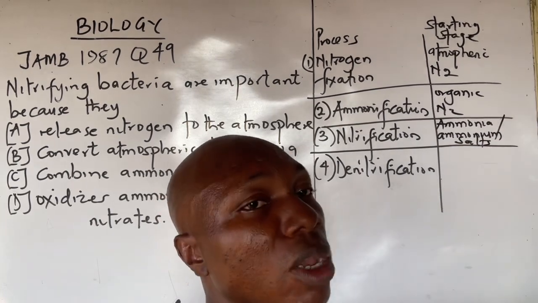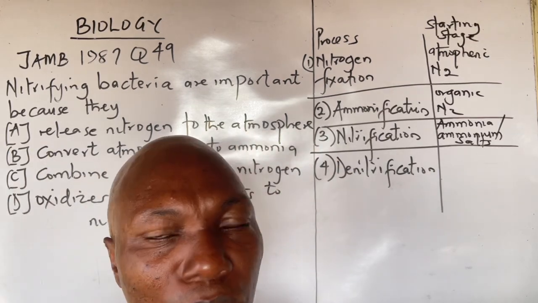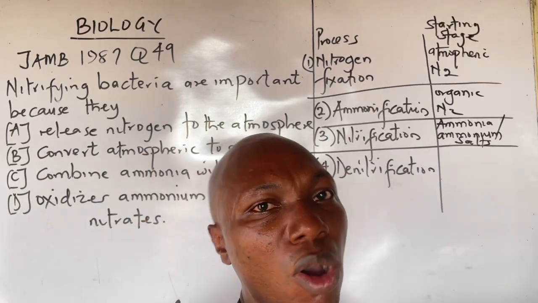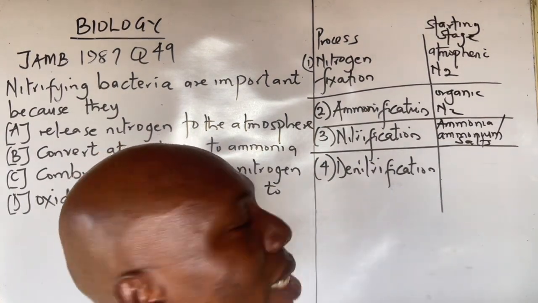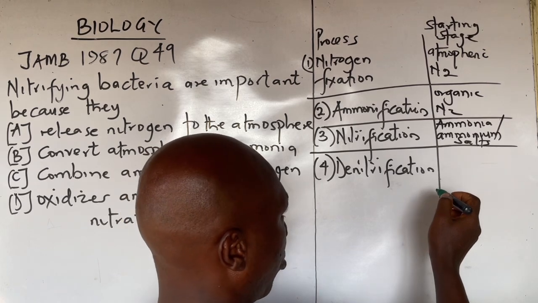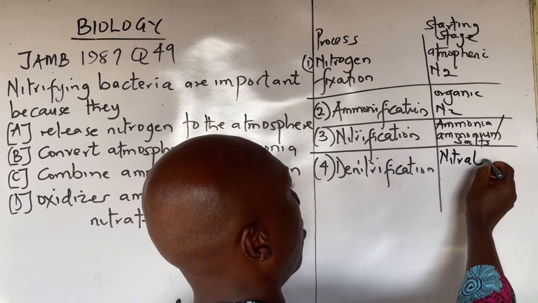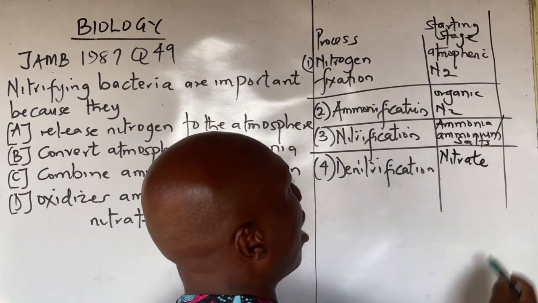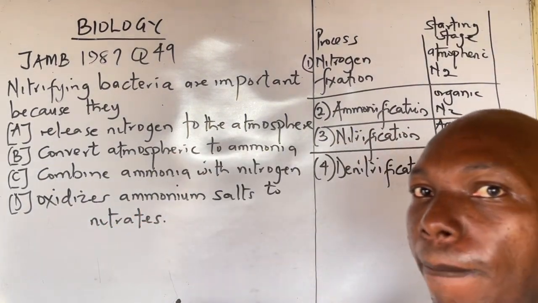When we talk about ammonium salt, it could be ammonium chloride, ammonium nitrate, ammonium compounds. And we have denitrification. The starting point for denitrification is nitrates. So these are all that you need to know before you can solve this question.